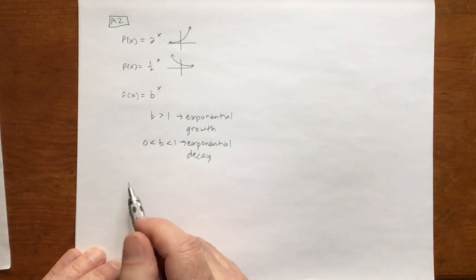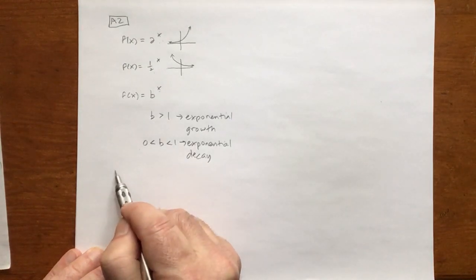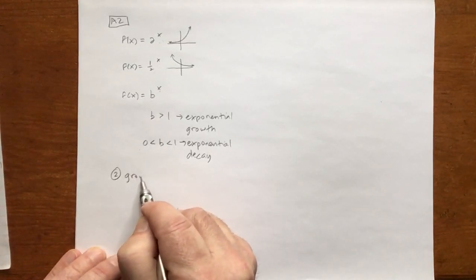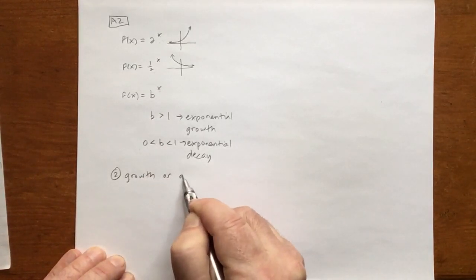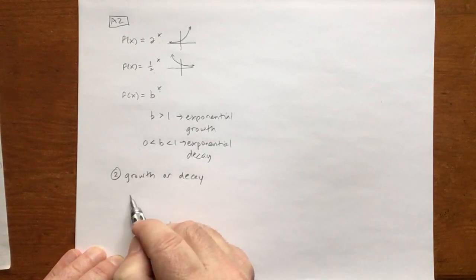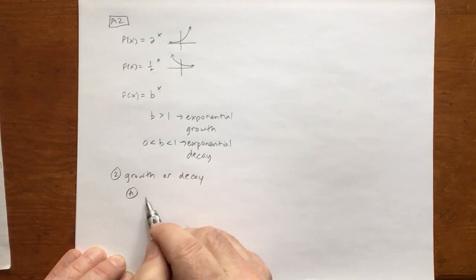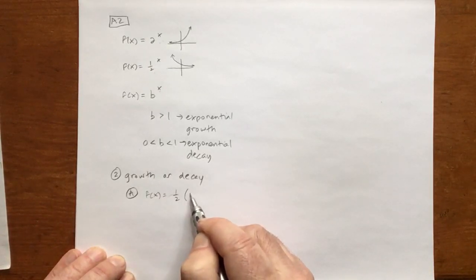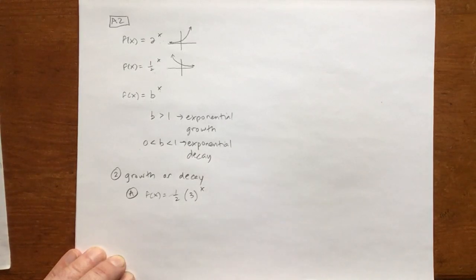So one thing we have to be able to do, I think this is example 2 now, is identify growth or decay. And they can be a little tricky. If I had f of x equals 1/2 times 3 to the x, okay, the 1/2 is a distraction.